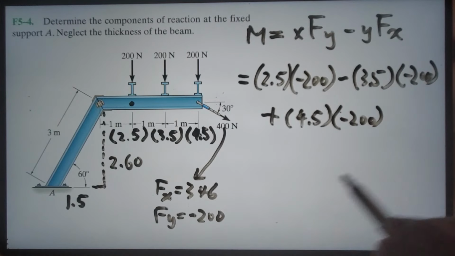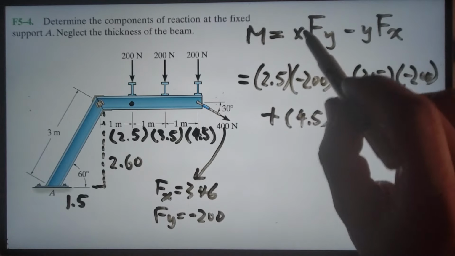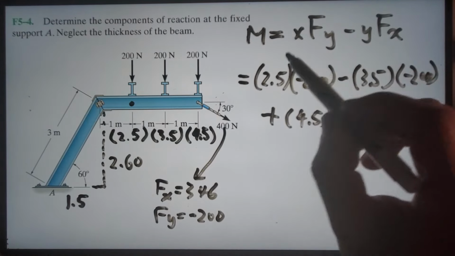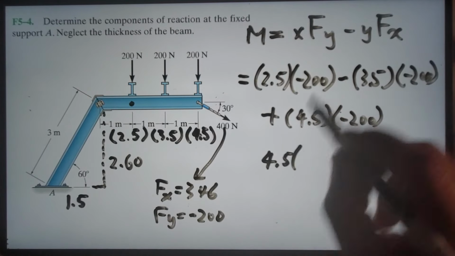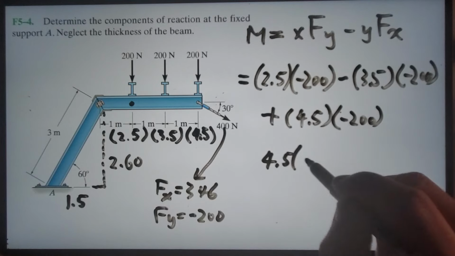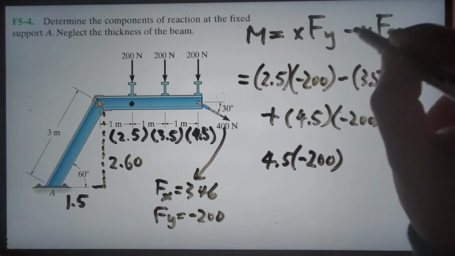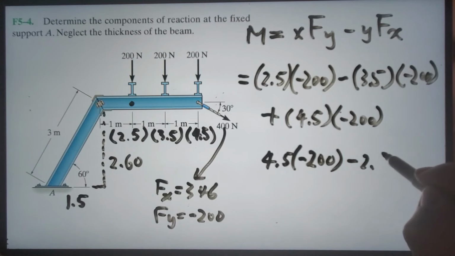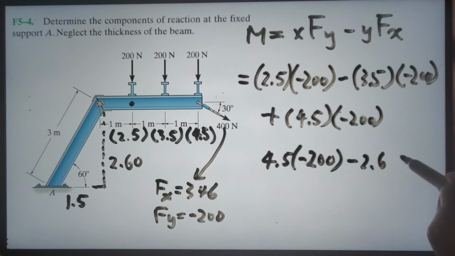The last one is a little bit complicated because we have both x and y, but it's not that complicated. We're still using the same formula. X is 4.5, so 4.5 times the force in the y direction, negative 200, minus y, that is 2.6, times the force in the x direction, that is 346.